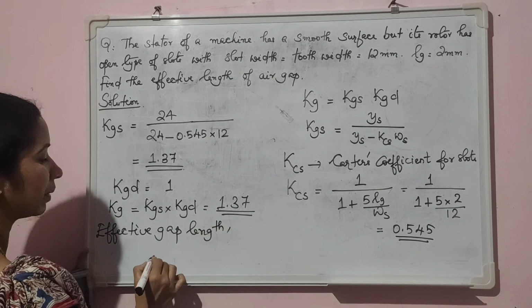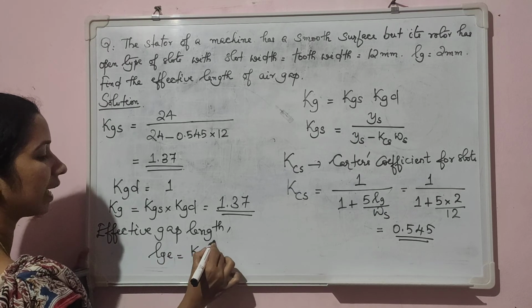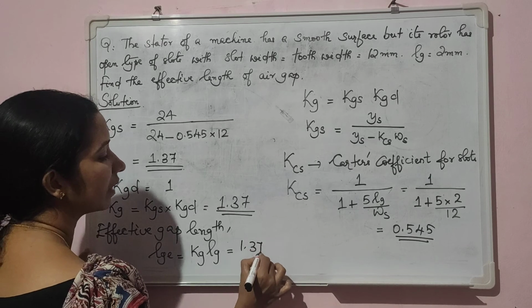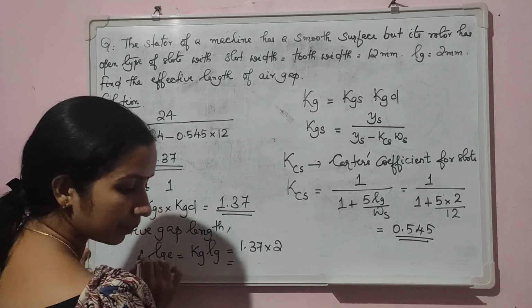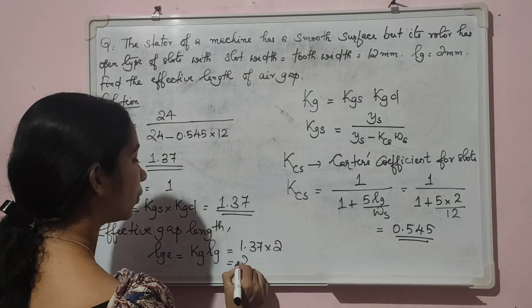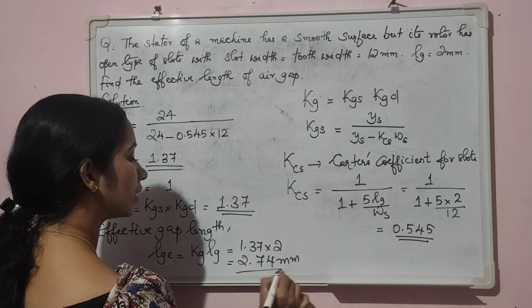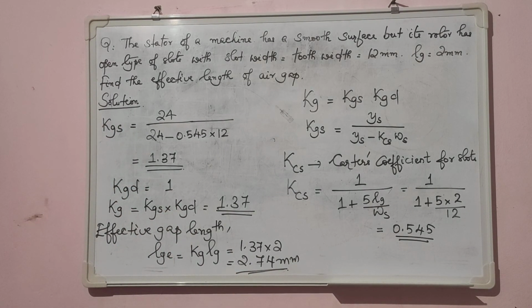Effective gap length Lge is equal to kg times the actual gap length Lg, that is 1.37 into 2 mm, which will be 2.74 mm. So this is the value of effective gap length of this particular machine.